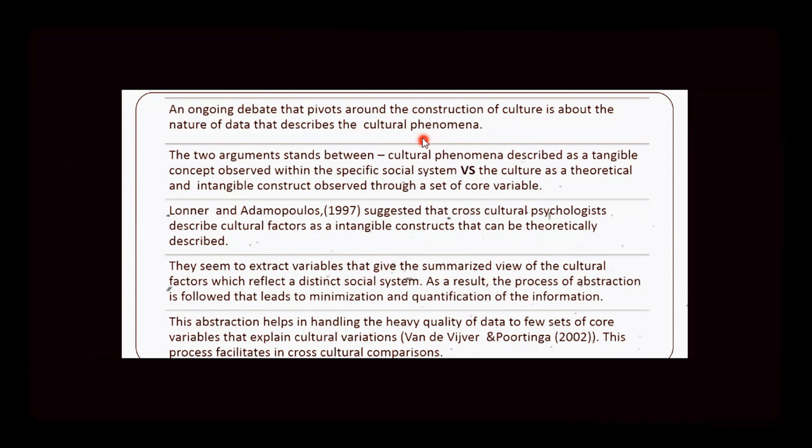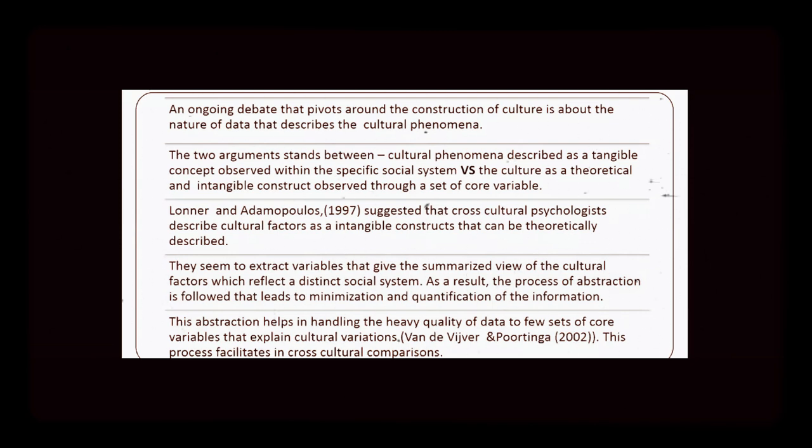Lonner and Adamopoulos suggested that cross-cultural psychologists describe cultural factors as an intangible construct that can be theoretically described. They seek to extract variables that give a summarized view of the cultural factors, which reflect a distinct social system.